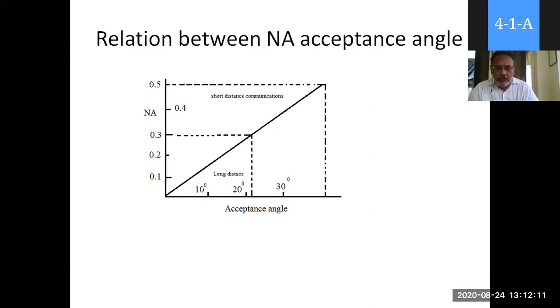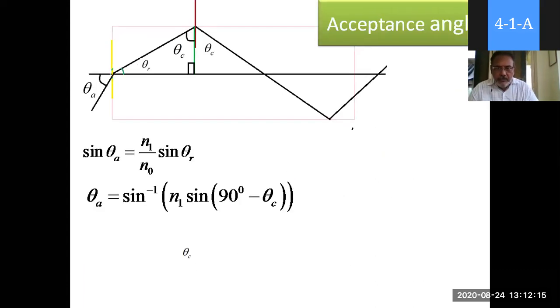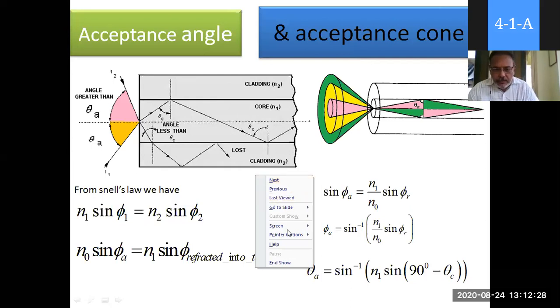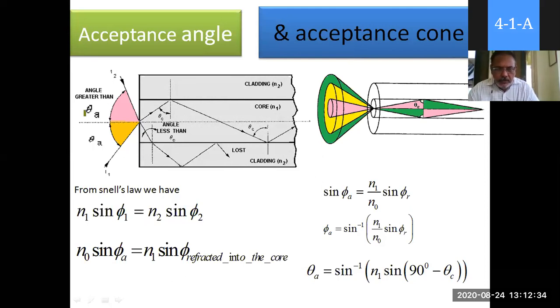Now, if you see once again the acceptance cone, theta A is the acceptance angle here.